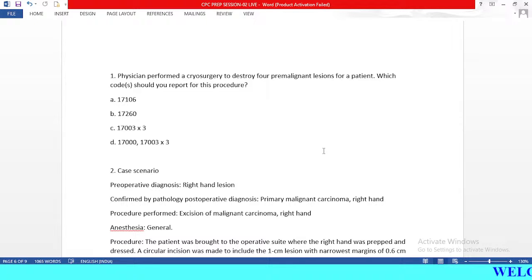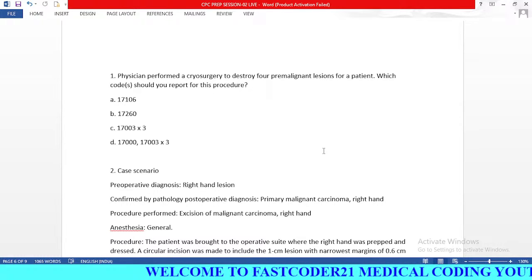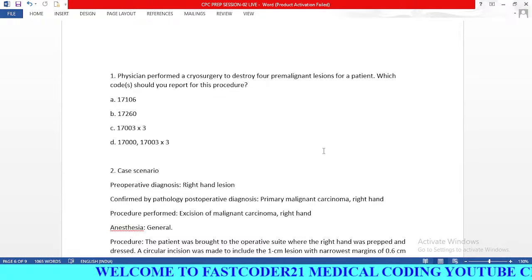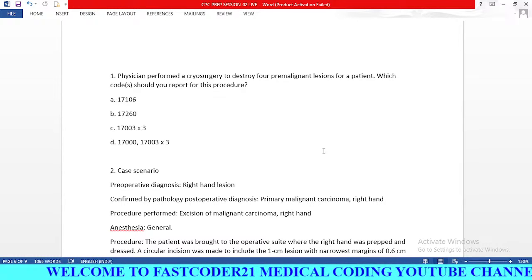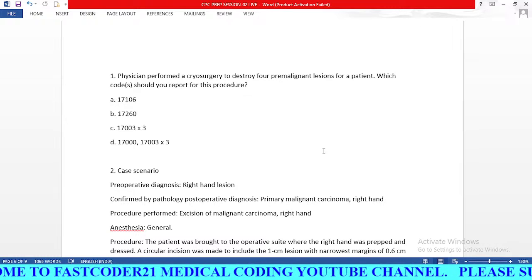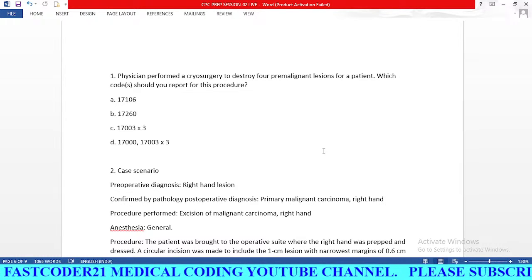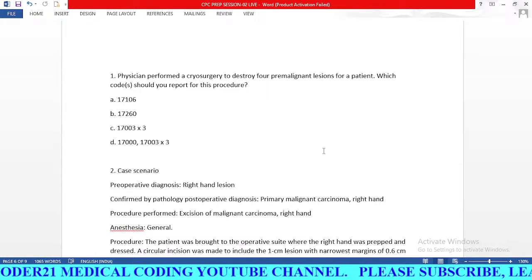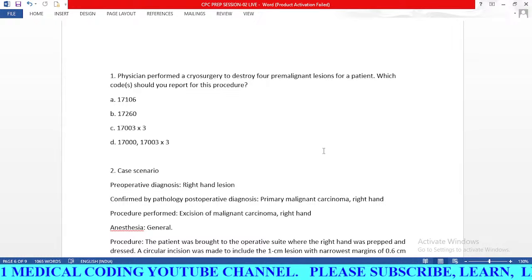So the people who wrote D are correct. As all of us know, we have 3 types of lesions: benign, pre-malignant, and malignant.